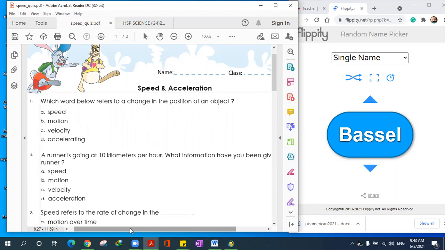What do we mean by changing the position of an object? Like once we change from one place to another, once you start moving. Speed is moving anyway, but it could be fast or slow, right? But what is changing the position of an object? Would you like to pass this question, Basil? Maybe try to wake up a little bit and get back to us.